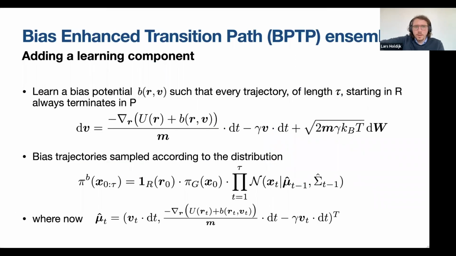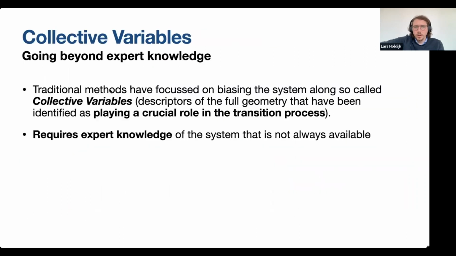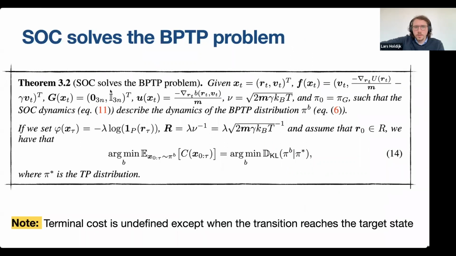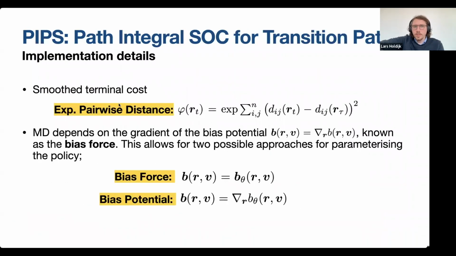We don't depend directly on this bias potential here, but we depend on the gradient of the bias potential. This gives us two options for how we're going to parameterize it. This gradient of the bias potential, which we denote by a bold B, is known as the bias force.